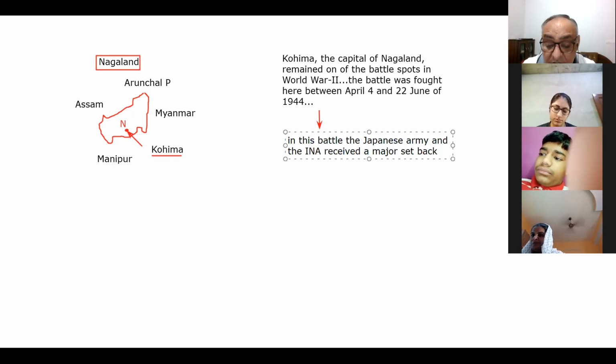It is said that about 50% of the personnel of the Japanese army deployed there lost their lives, some in the battle and some while crossing over to Myanmar, due to the difficult terrain over there. So they got a major setback there.